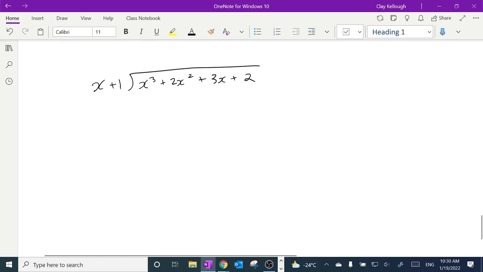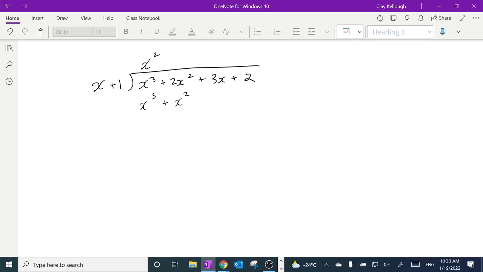Now what? What do you times x by to get to x cubed? Times it by x squared. And then x squared times x plus 1 is x cubed plus x squared.